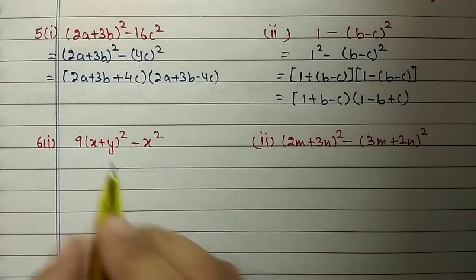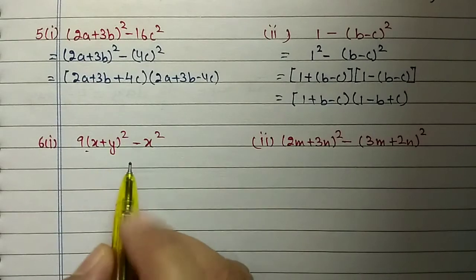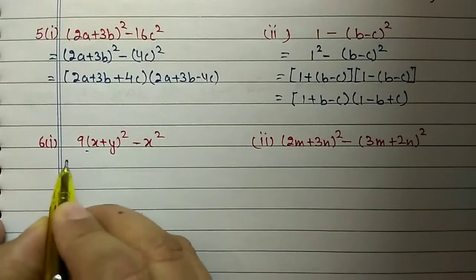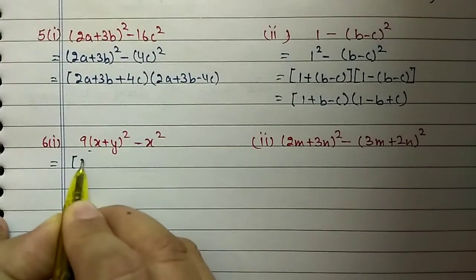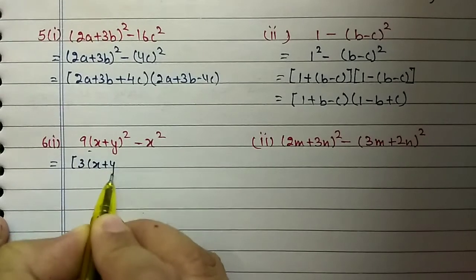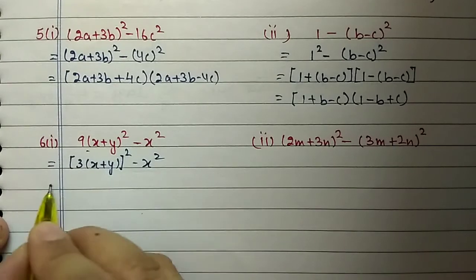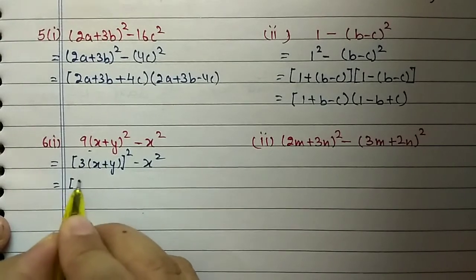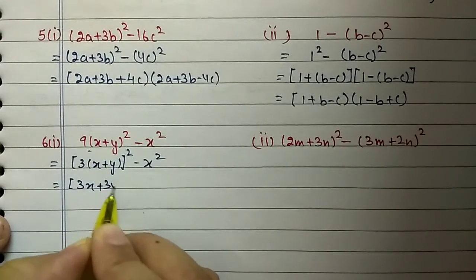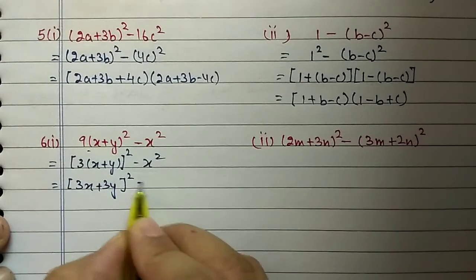Next, question number 6, first part: (9x + y) whole square, which you can write as (3x + y) whole square minus x square. This 3 multiply inside the bracket, then you will get (3x + 3y) whole square minus x square.